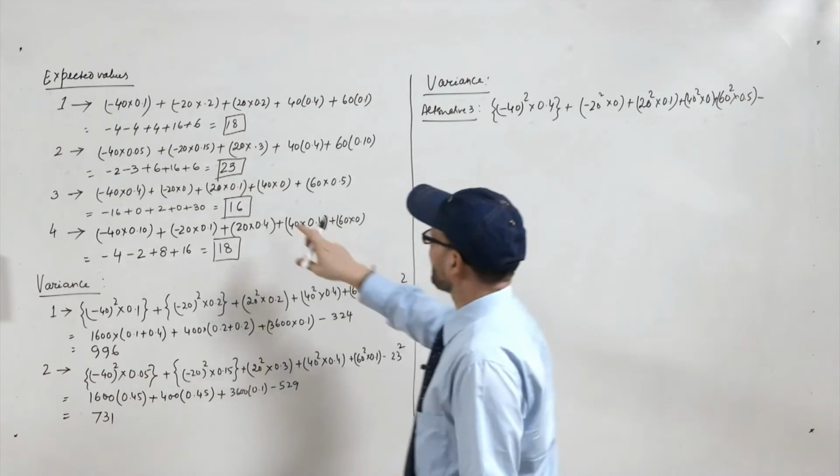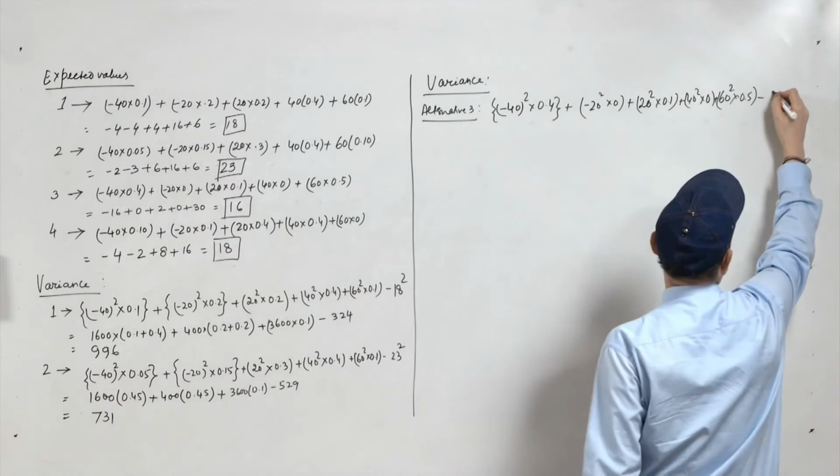minus the expected value is 16, so 16 square.